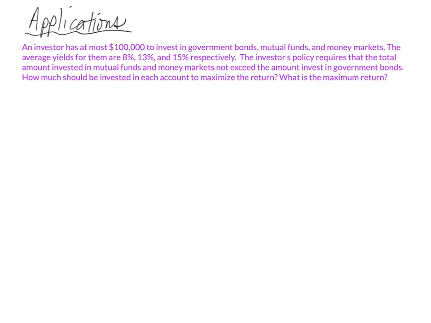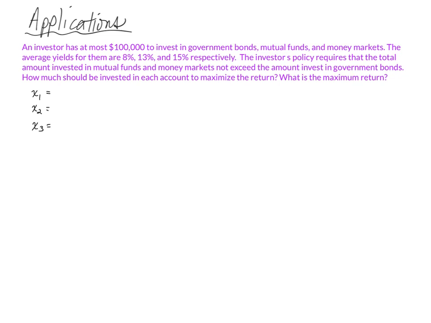Whew, that's a lot. All right, let's try to think. If we were going to be solving this by linear programming, we would definitely want to start out with defining our variables. So in this case, I'm going to be using x sub 1, x sub 2, and x sub 3.